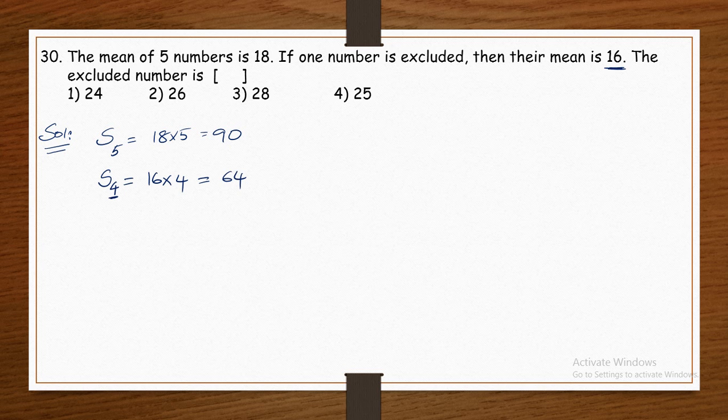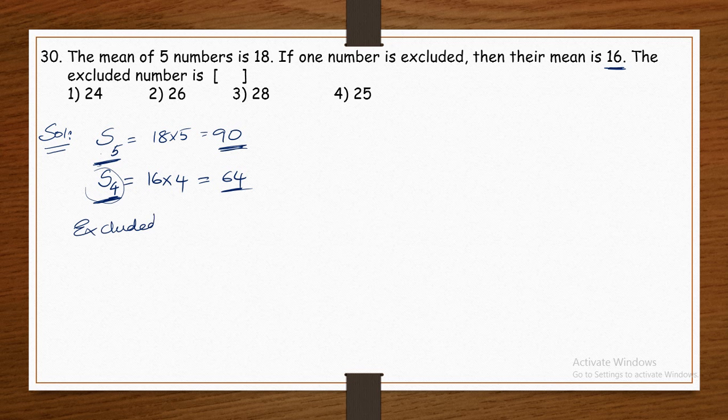Now what is he asking? The excluded number. Since the 5 observations sum gave me 90, and the 4 observations sum will be 64, if I remove these 4 numbers from the 5, I am going to get that excluded number.